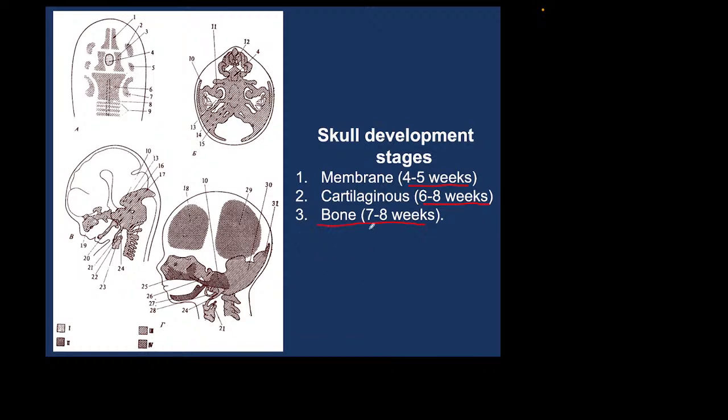They start the process of ossification. But in this stage there are also membrane parts, like here. Here is the membrane or connective tissue parts of bones. Here we see also cartilage, here and here, and also some parts are ossificated already, like here, here, and in the cranial base.